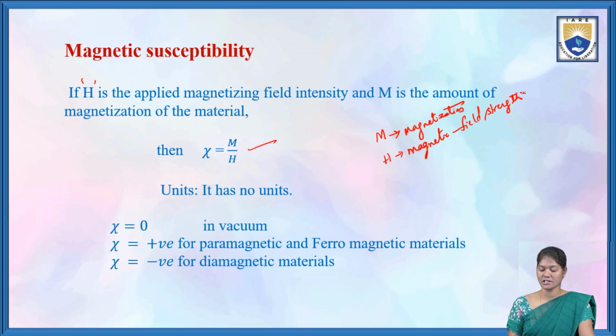So susceptibility can be defined as chi is equal to M by H. It has no units. Here chi is equal to 0 in vacuum, it is positive for paramagnetic and ferromagnetic materials, and it is negative for diamagnetic materials.